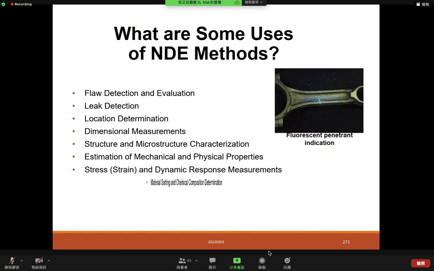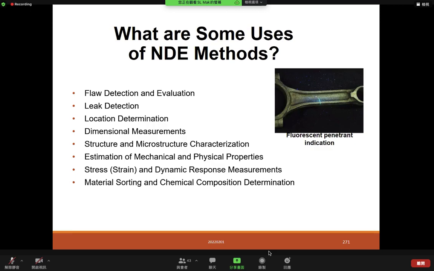Here is a summary to show some uses of NDT or NDE. E means examination. So sometimes we use NDT, the non-destructive testing, and some use NDE, the non-destructive examination, to check any defect and any leakage, check the locations and check the dimension.